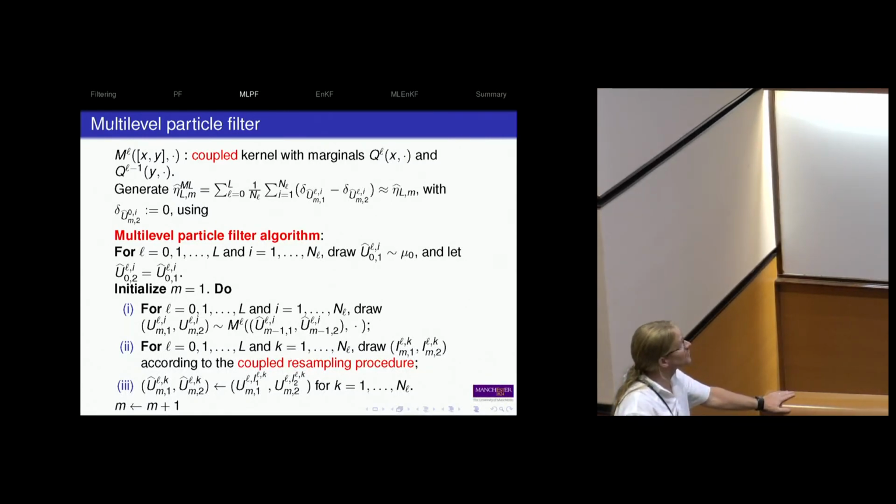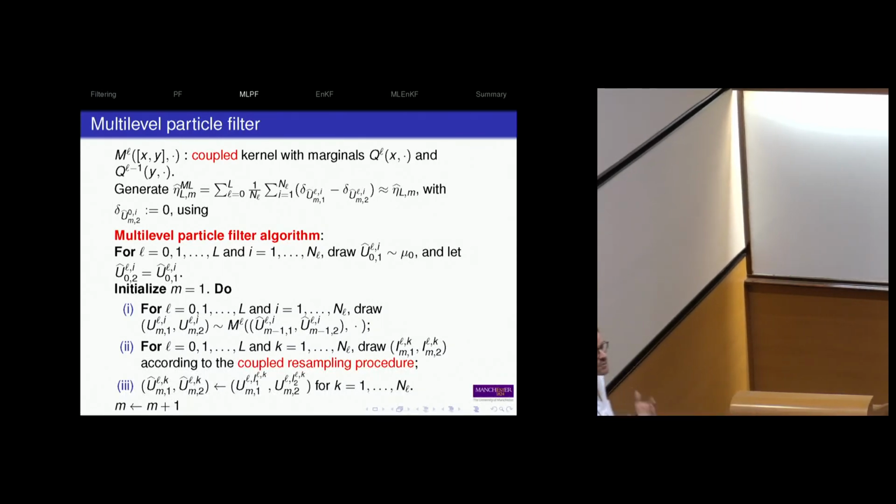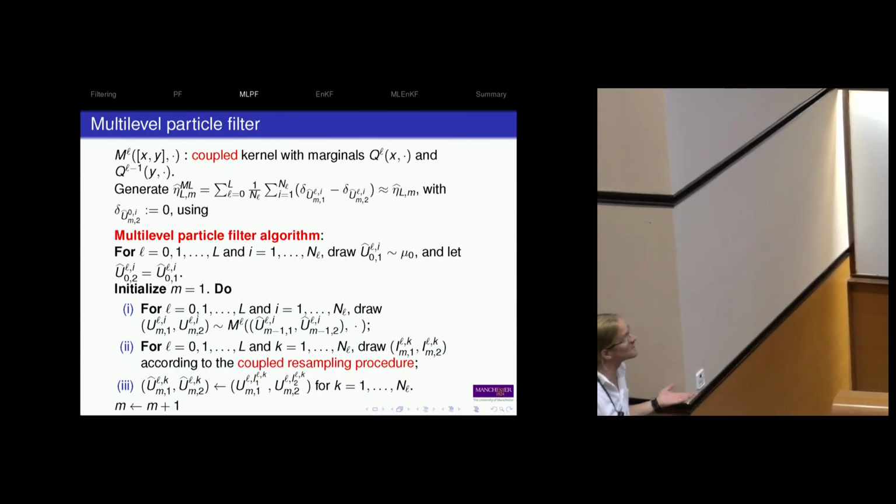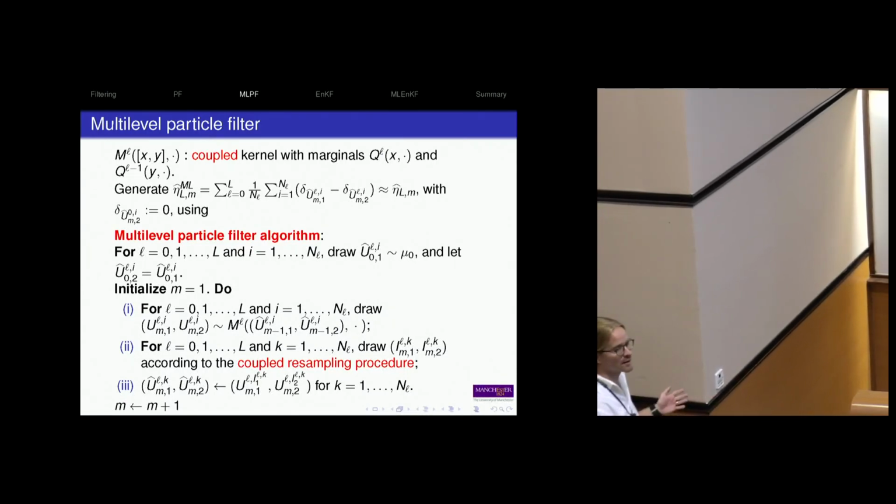So we're going to now draw indices in such a way that our resampled particles somehow preserve, as best as we can, the coupling between the particles before the resampling. If the initial conditions are the same, you can't get any more coupled than that.